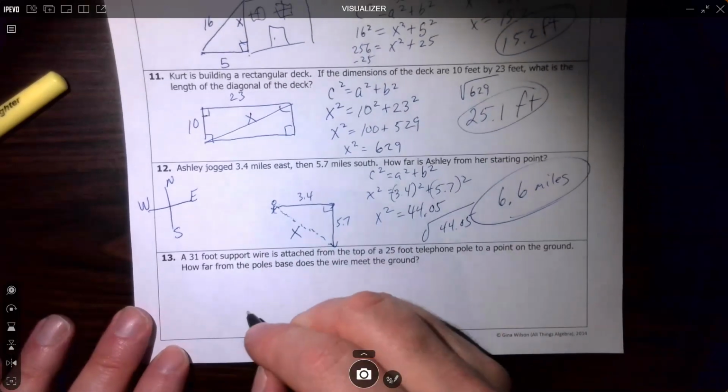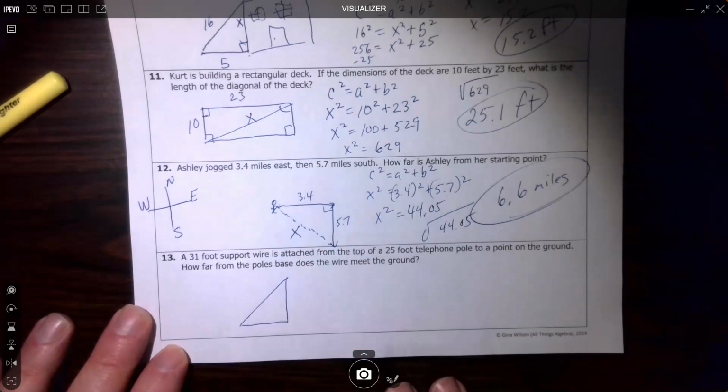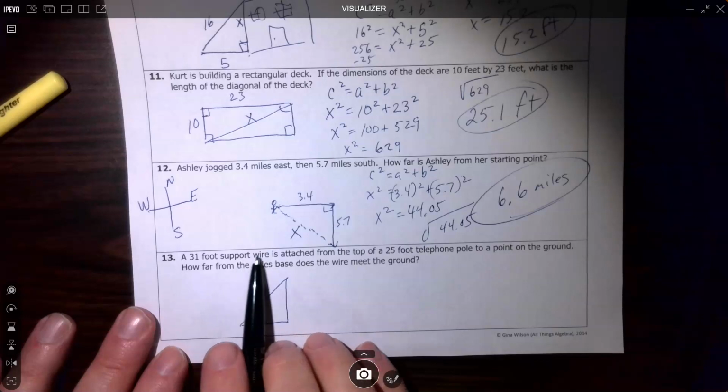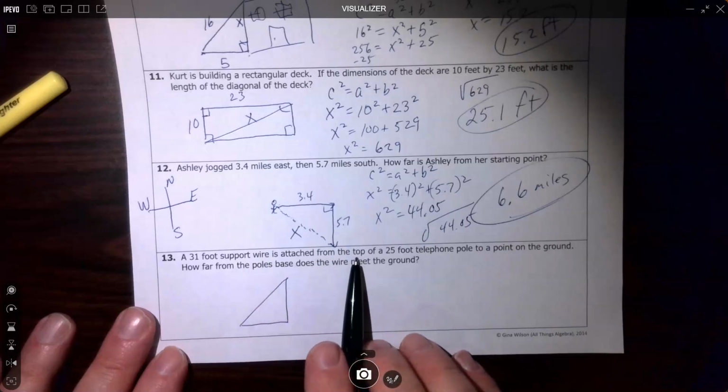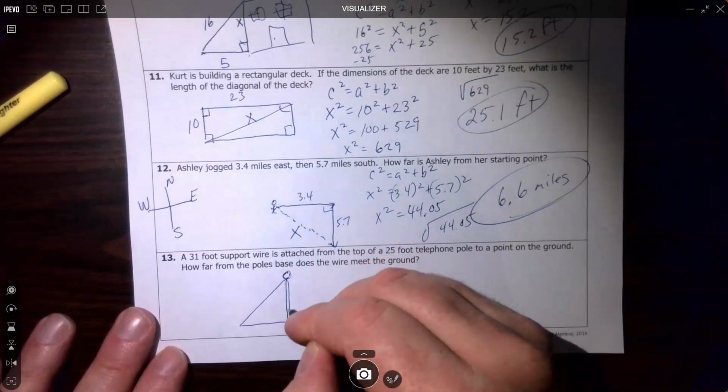Again, if you make a triangle, you can figure out. Now, think about real life. All right. A 30-foot support wire is attached to the top of a pole. So here's the wire attached to the top of the pole. Okay.